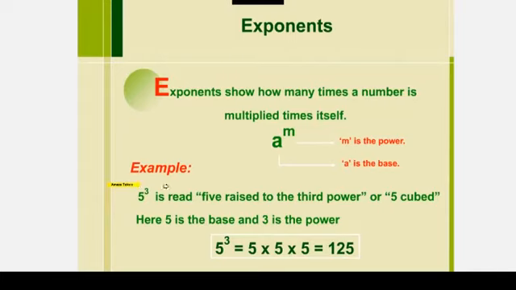Example, 5 cubed is read 5 raised to the third power or 5 cubed. Here 5 is the base, 3 is the power, as you know very well. So 5 cubed can be expanded this way, 5 times 5 times 5, which is equal to 125. We know very well, isn't it?